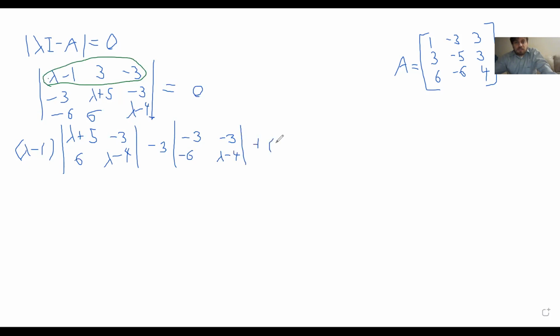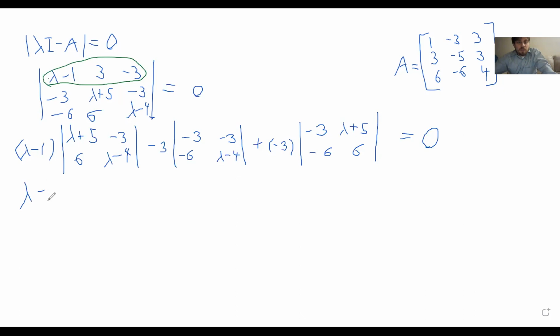plus the next entry, which is -3, times the determinant of the corresponding submatrix, which is -3, lambda plus 5, -6, 6. And that's the determinant, and it's equal to 0.